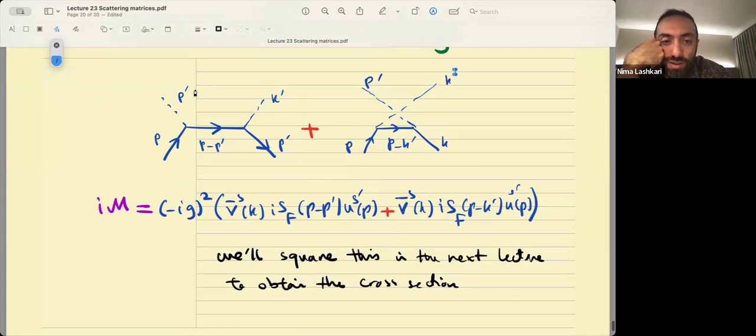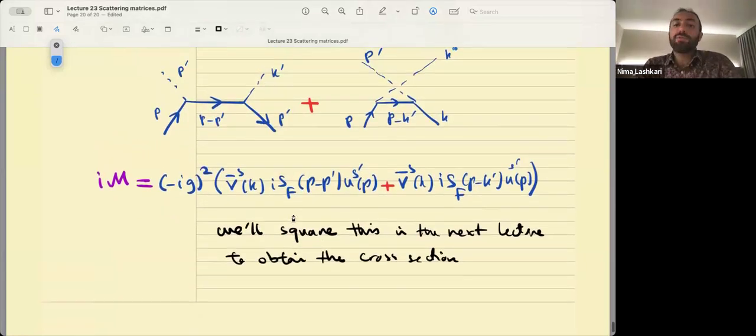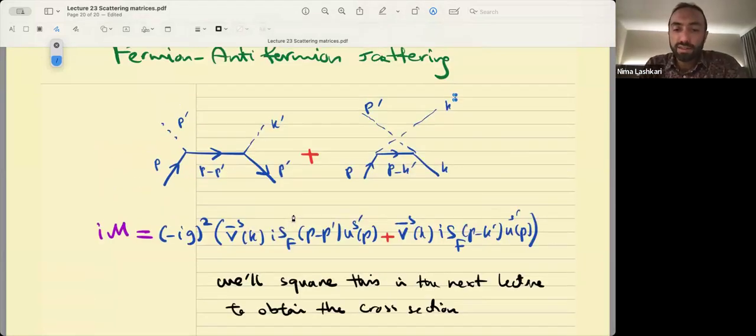This is your first term, and this is your second term. The first term has this propagator, and then the second term has this propagator. There's a contraction happening here, but this is what your M is. I think I got the things totally confused, but yeah, this is your propagator. All right, are there any questions?